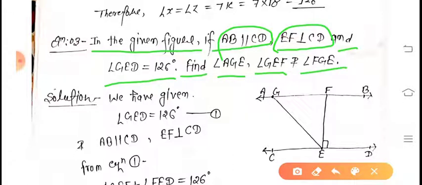Means AGE, this angle find out, and GEF, this angle find out, and also FGE, this angle. Clear? As in this figure, this and this angle form a linear pair. Clear?